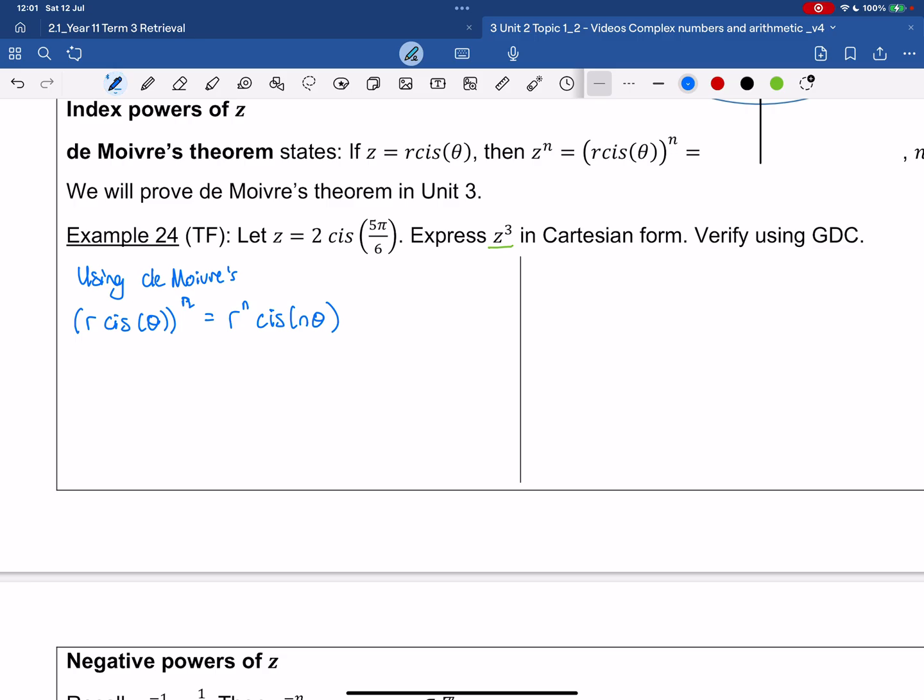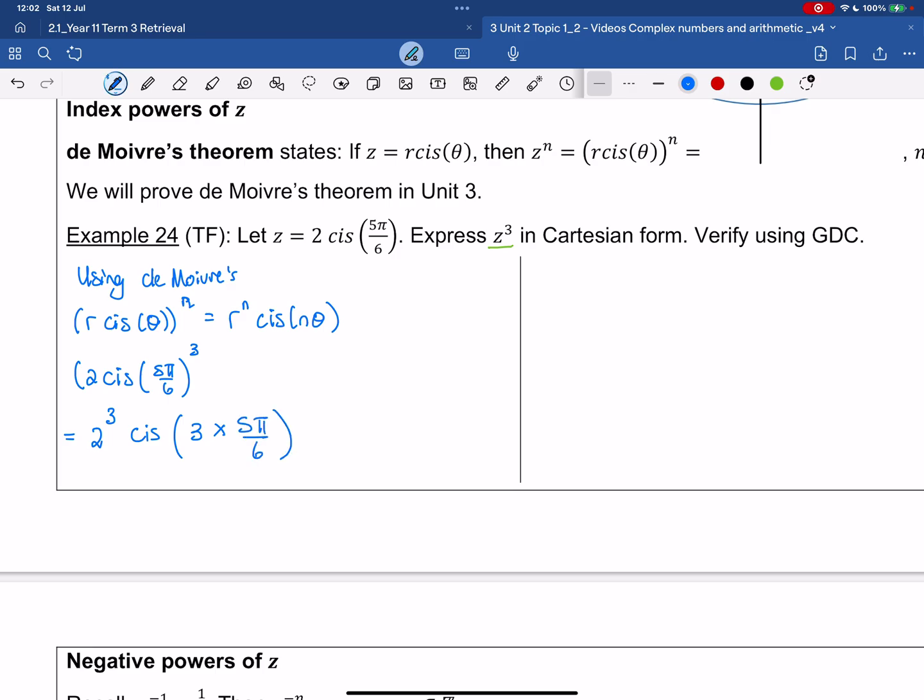So if I'm looking for 2 cis of 5 pi on 6 cubed, which is what I'm looking for, that's my z cubed, I'm going to say, well, that's going to be 2 cubed cis of 3 times 5 pi on 6.